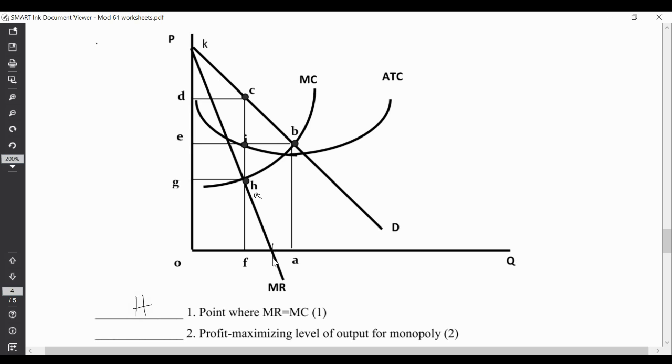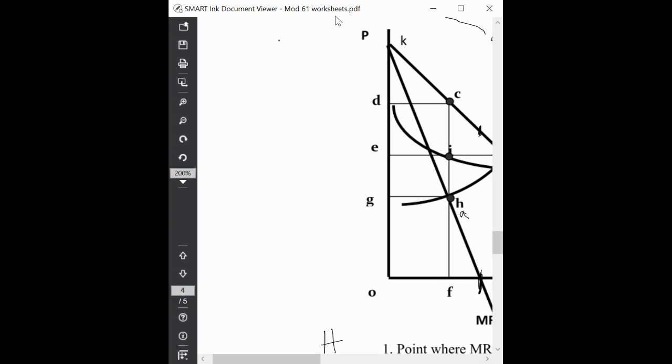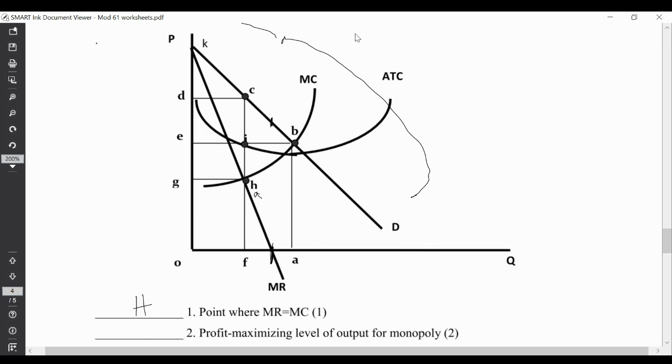Now, if from this point we were to dot all the way up to this demand curve, remember, this part of the demand curve over here has a different elasticity than this part of the demand curve up here. The demand curve up here is elastic, and the demand curve down here tends to be more inelastic.